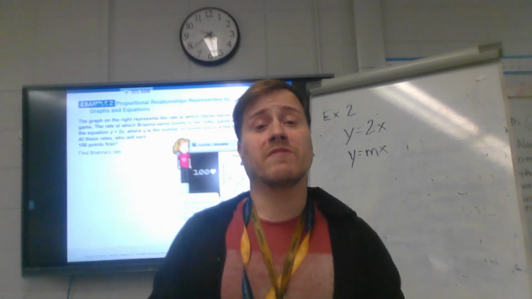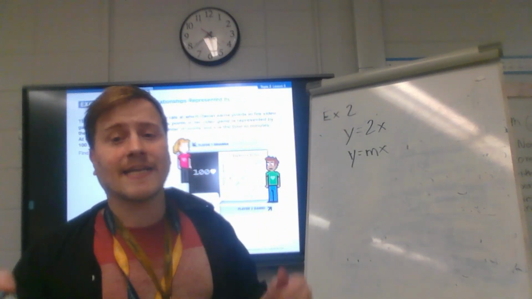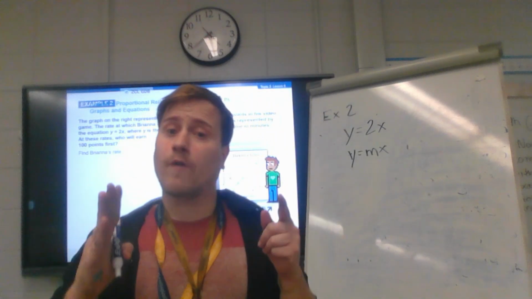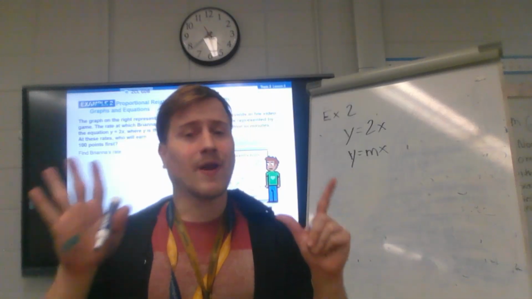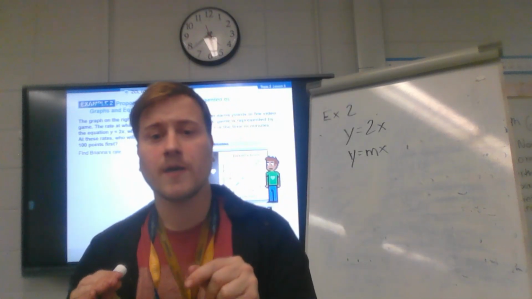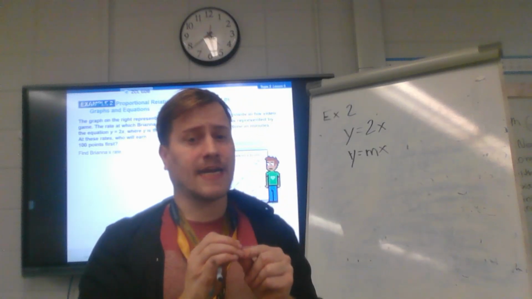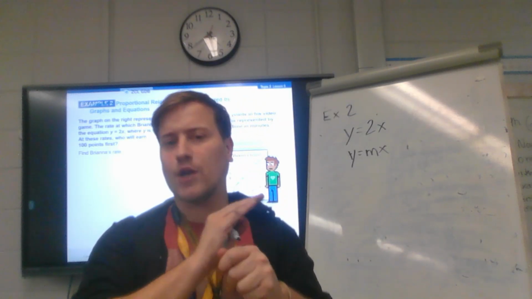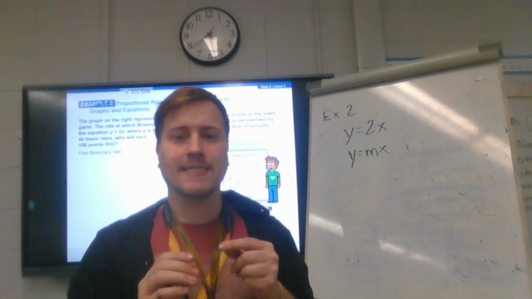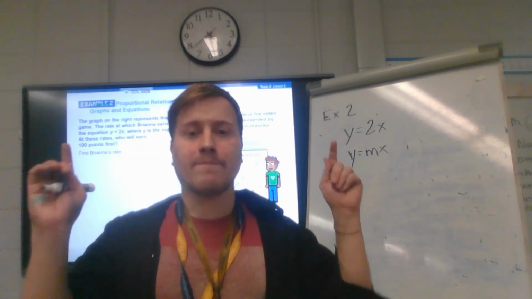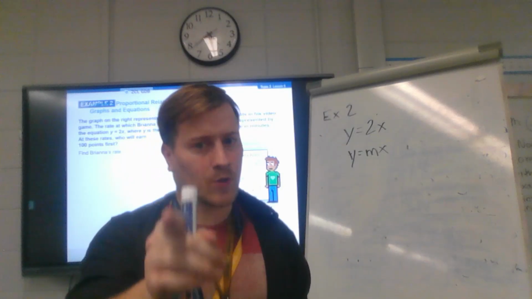Now, the rate when given an equation is super easy. It's just the coefficient. Now, coefficient might be a big, hard new word, but all it means is the number in front of the x. Now, if it's in front and you see no operations between it, so you see no pluses, no minuses, no division, that means automatically it's multiplication.